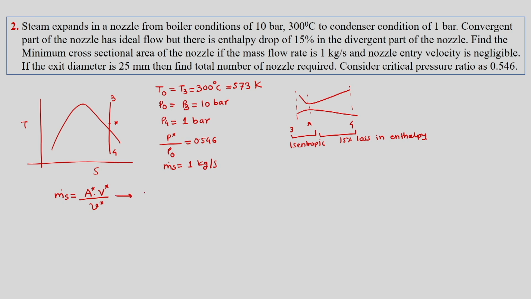So, from this formula again A star is equal to specific volume star into m dot s divided by V star. Given to us is m dot s. So, we have to find out the specific volume and velocity at the sonic state, but it is very simple. We should follow the same procedure that we followed in the last example.